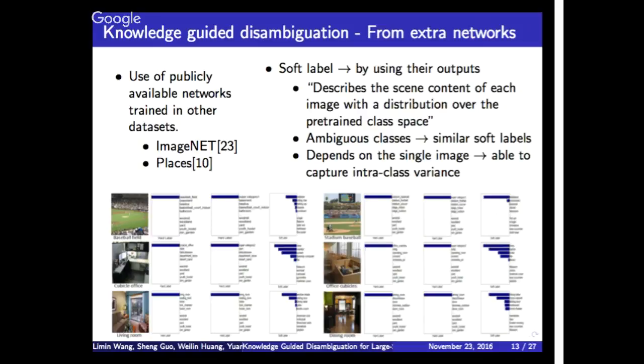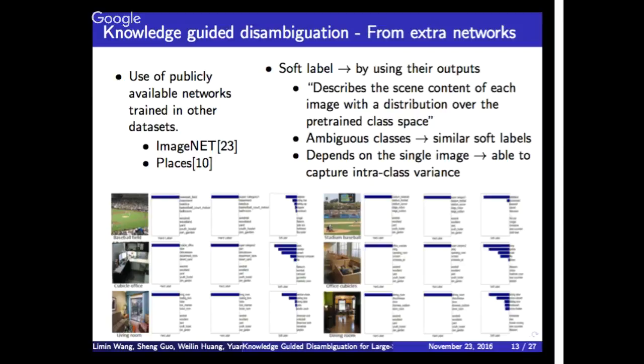The second thing they proposed for knowledge-guided disambiguation is using knowledge from extra networks. They propose to use another network, trained with another dataset, such as ImageNet or Places, not Places 2, which is smaller, and create a soft label based on the outputs. They get an image, for instance of this classroom, and pass it to a network trained on ImageNet.